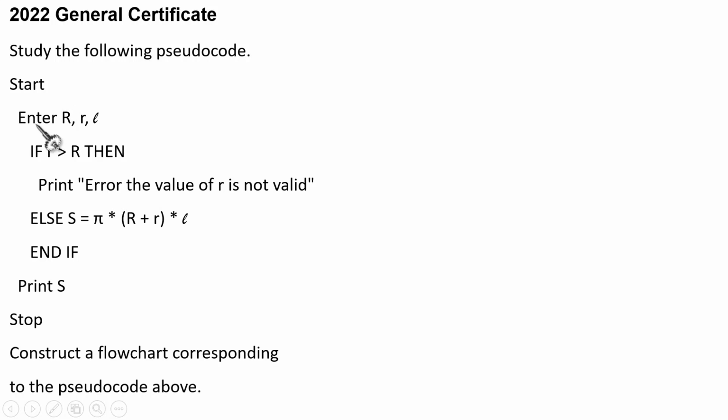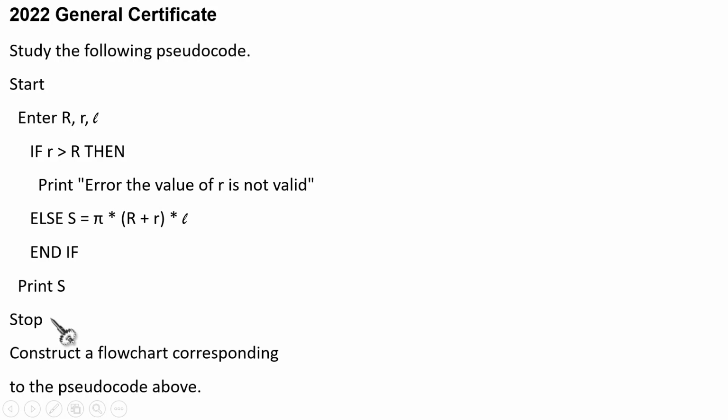Under start, there will be enter capital R, then small letter r, then L. Then if small letter r is greater than capital R, then print error, the value of r is not valid. Else s is equal to pi times open brackets capital R plus small letter r close brackets times L. End if, print s, then stop.